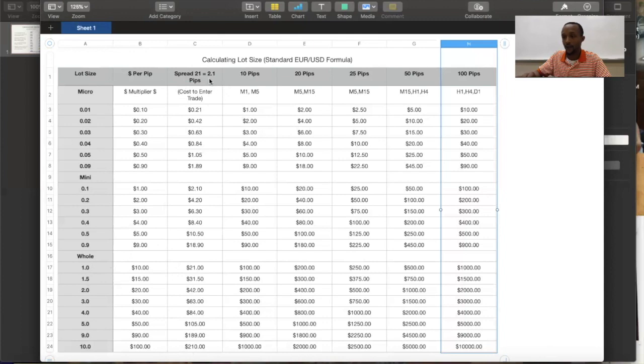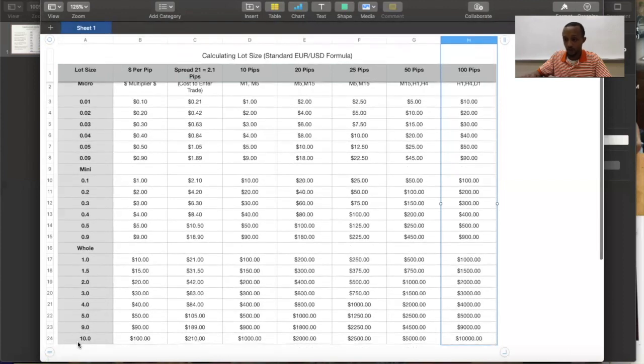So if we have a 2.1 pip spread, which is pretty close to what a standard spread would be during normal trading hours, with a micro lot, it's going to cost you 21 cents to enter that trade. With a mini lot, it's going to cost you $2.10 to enter that trade. And with a whole lot, it's going to cost you $21 to enter that trade, as much as $210 if you were to use a 10 lot entry.